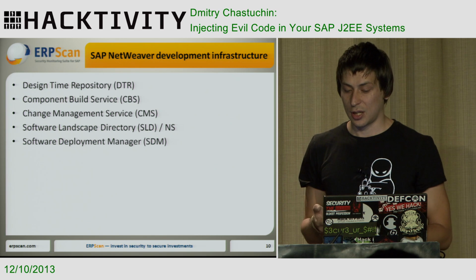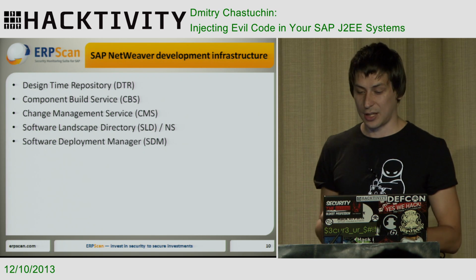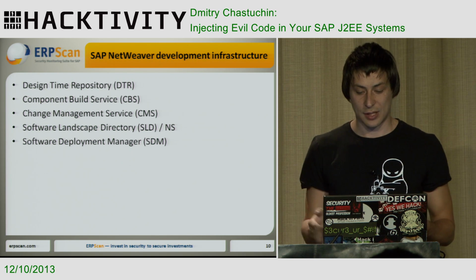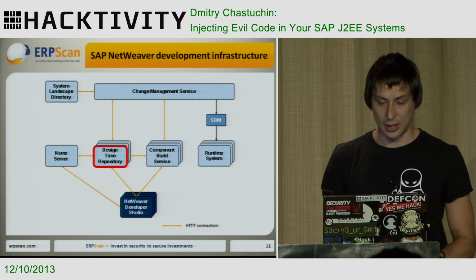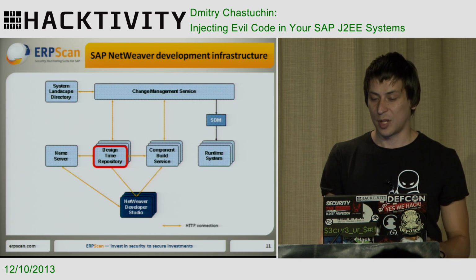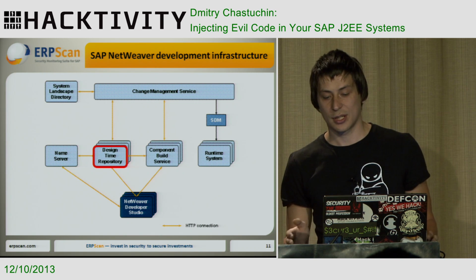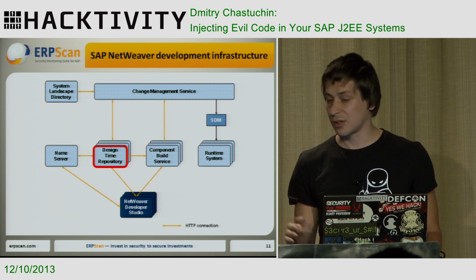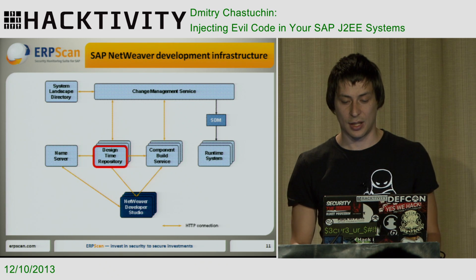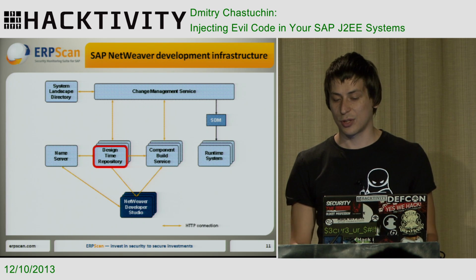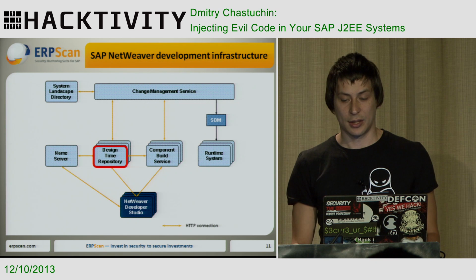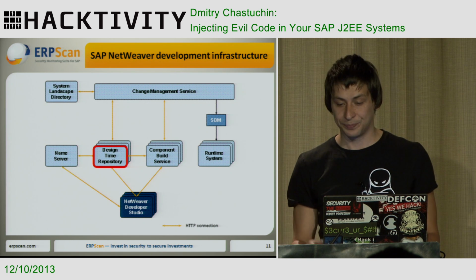The infrastructure includes a range of services provided mostly by the following components. First of all is the Design Time Repository, or DTR. It's a repository that provides version control and file management. All design time objects or sources are stored and versioned centrally.